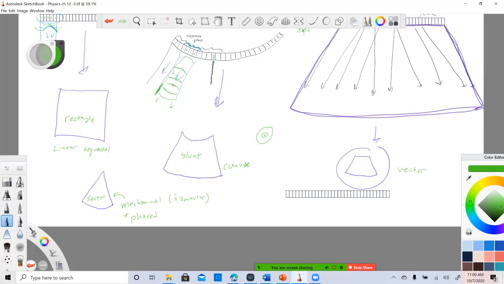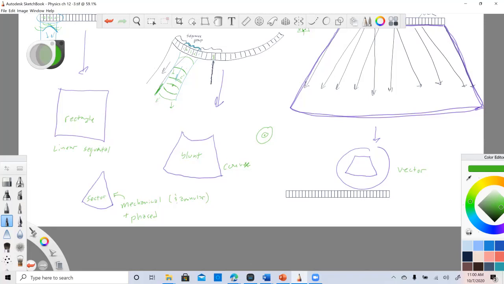Just remember, in convex, on the steering technique, I don't know why he wrote electronic down. There is no steering on a convex. It looks like it's steering, but it's not. That includes color Doppler. There's no steering.